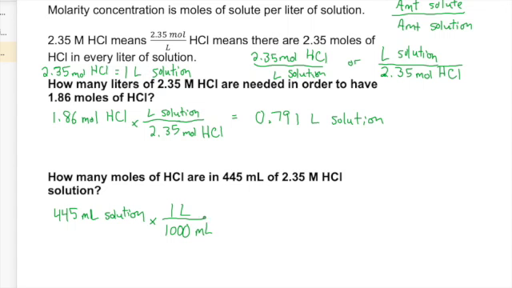A lot of times people find that particular conversion factor easy to use, just because when you're working in lab, you don't have entire liters of solutions that you're working with. A lot of times you're working with milliliters, so you might have to convert this. This will convert it to liters of solution, and now we can use this first conversion factor, and this comes out to be 1.05 moles of HCl, hydrochloric acid.